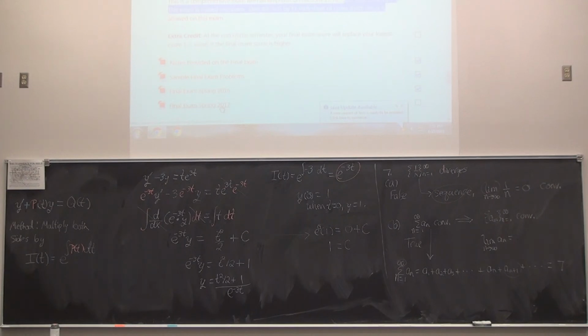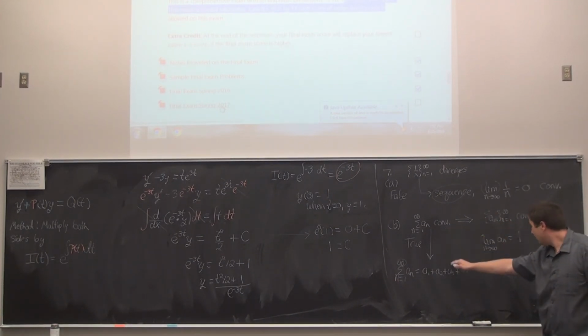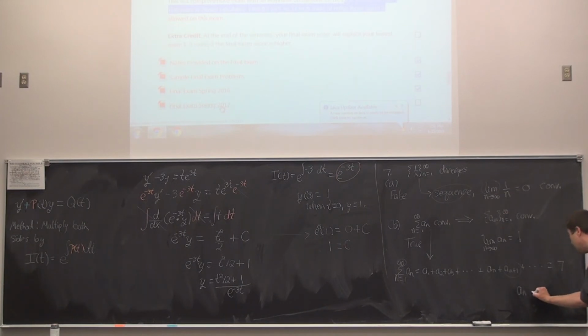Yeah, for example, if the sequence was converging to, say, 1, then we'd be adding things that are close to 1 infinitely many times together. That would be divergence for the series. But because the series converges, that implies a sub n is getting smaller and smaller.